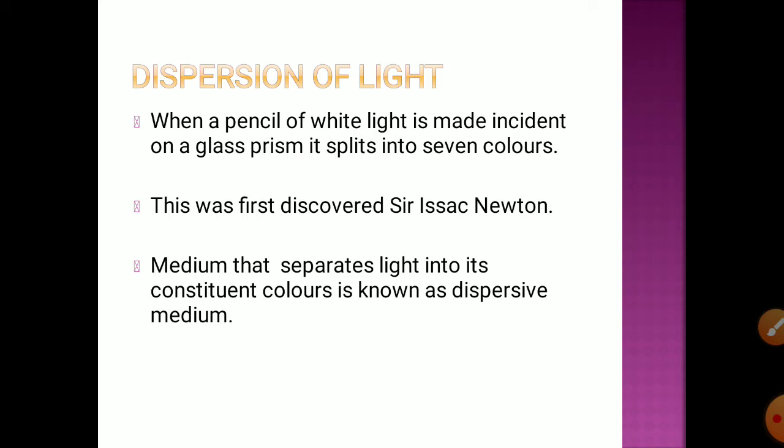When a pencil of white light is made incident on a glass prism, it splits into seven colors. This was first discovered by Sir Isaac Newton. A medium that separates light into its constituent colors is known as a dispersive medium.